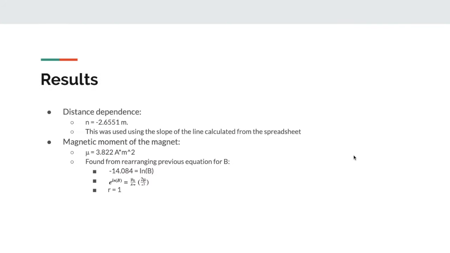I just rearranged the equation, and e to the ln is just going to return B. So I solved for B and then multiplied by 4 pi, and I made the assumption that r is equal to 1, and mu naught is 10 raised to the negative 7, and there I was able to solve for mu.